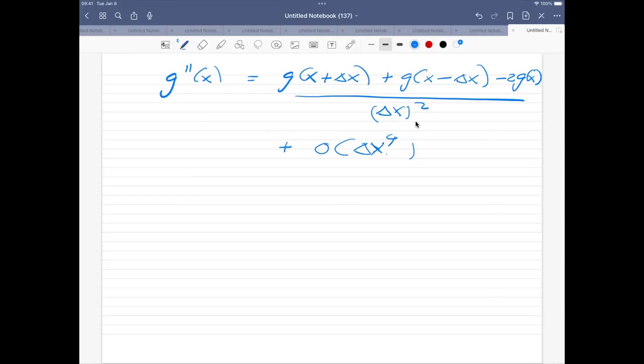Actually, what we have done, and this is not the full truth, is divide by delta x squared. That means that the second derivative is now isolated.